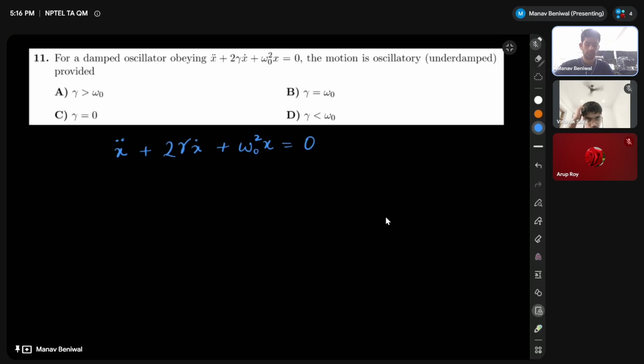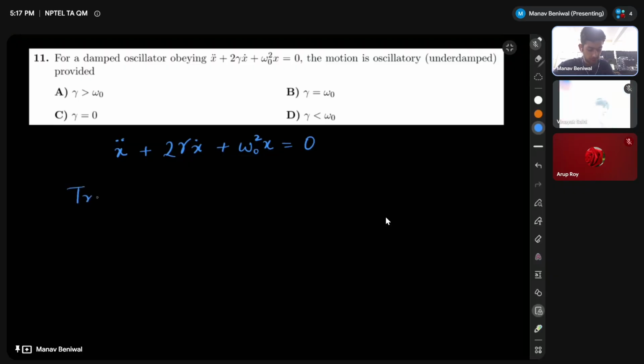This is the equation given to us, and let us try to find the solution of this equation. Straight away you can see that if I try an exponential function, the first differential will again give me an exponential function, and the second differential will of course give me another exponential function. So that looks like a possible solution.